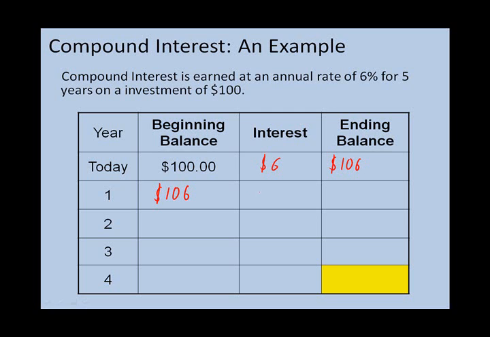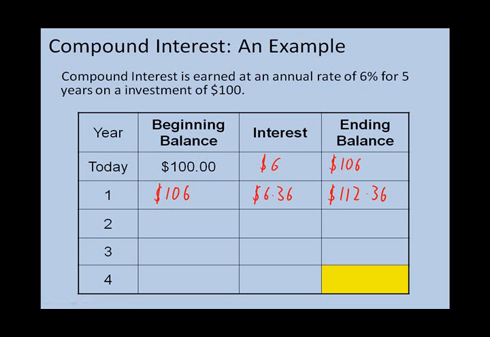So now we get $106 times 0.06, which is equal to $6.36. That means our ending balance is $112.36. You can see now we've had a bigger interest payment when we use compound interest than when we use simple interest, because we're earning interest on interest.